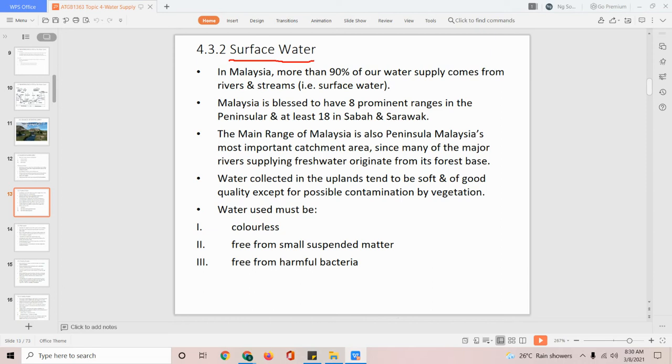So surface water is river water. Because Malaysia is a tropical country, we actually have a lot of catchment area, and all this catchment area will turn into rivers and streams. So when it comes to collecting the water, we want to ensure that it comes from as high as possible, meaning we want to collect it at upland.